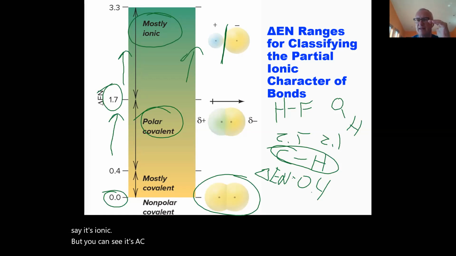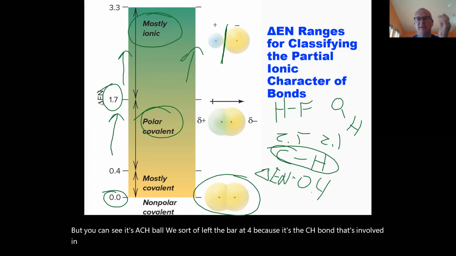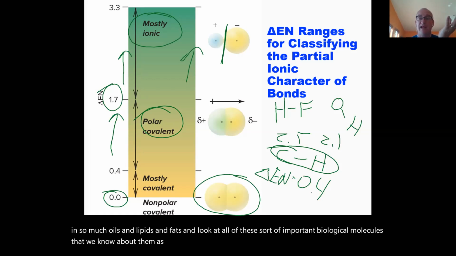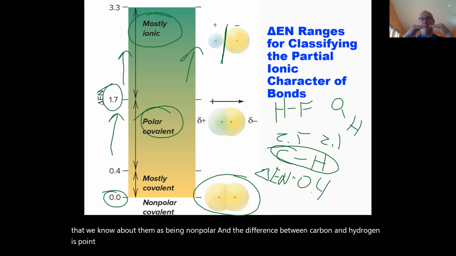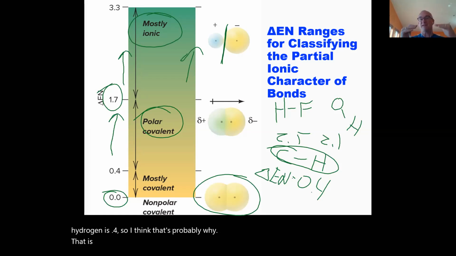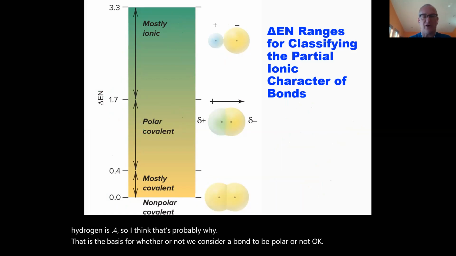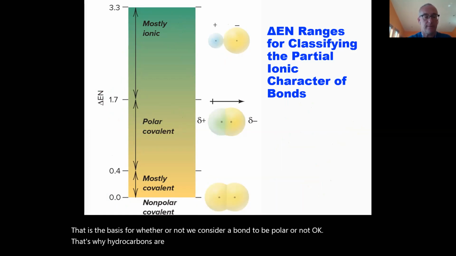We sort of left the bar at 0.4 because it's the CH bond that's involved in so much, like oils and lipids and fats, all of these important biological molecules that we know of as being non-polar. And the difference between carbon and hydrogen is 0.4. So I think that's probably why that is the basis for whether or not we consider a bond to be polar or not, okay? So that's why hydrocarbons are so non-polar.